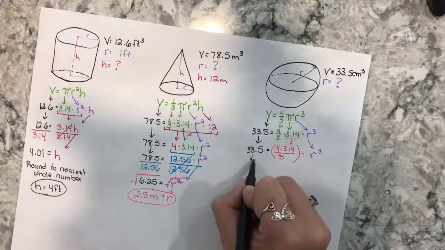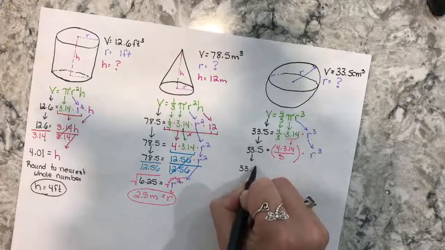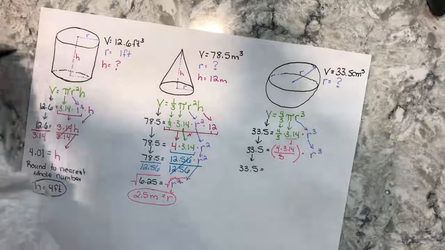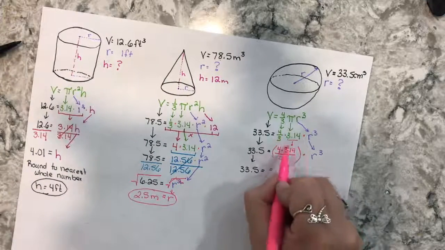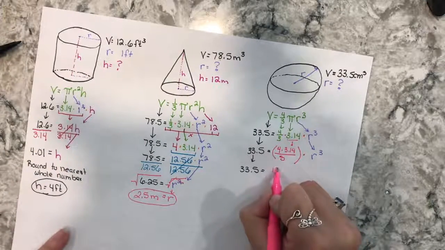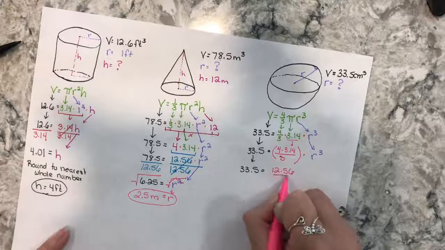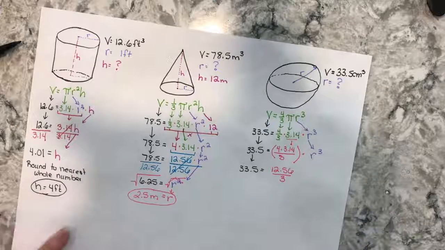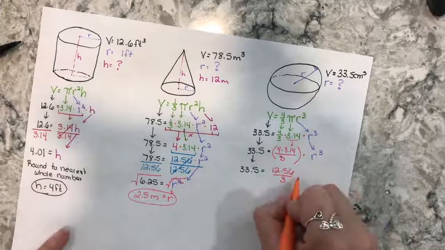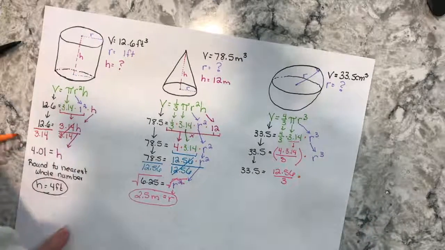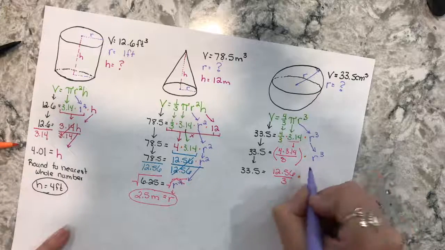Okay, carry down the 33.5 and then do the math for the fraction. So 4 times 3.14 is 12.56, and then we divide that by 3. And then carry down the r cubed.